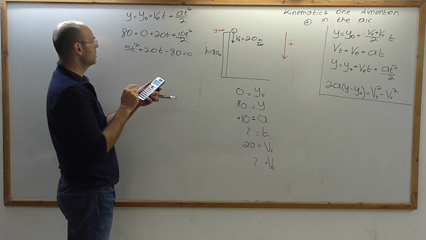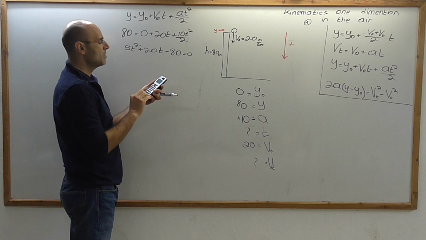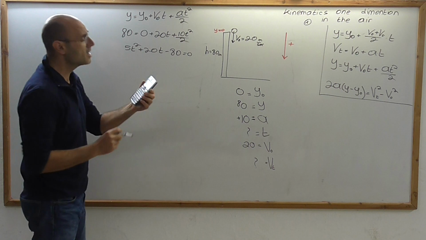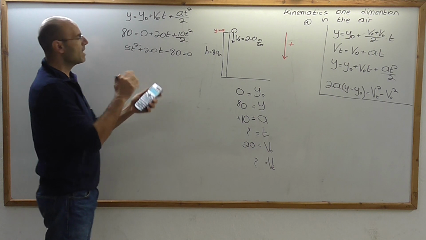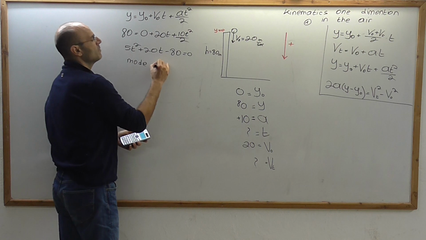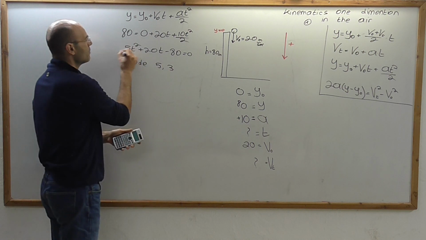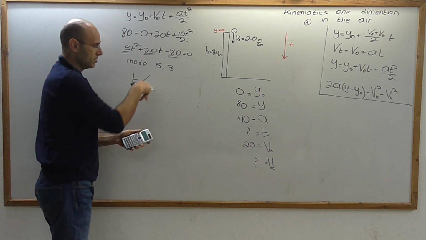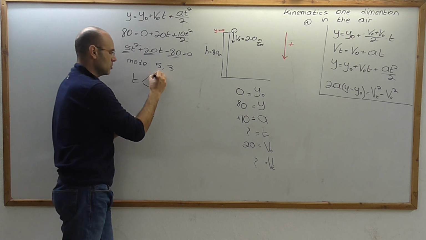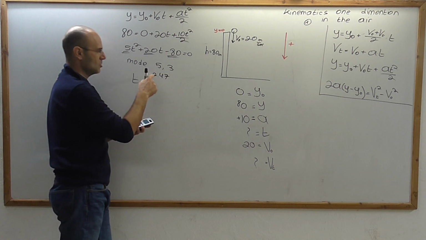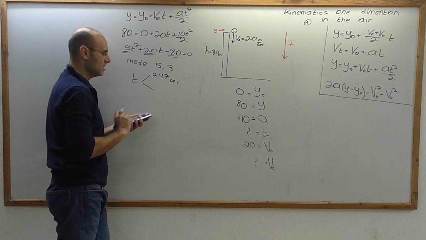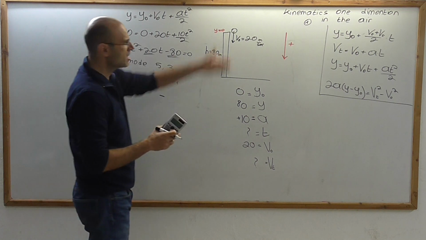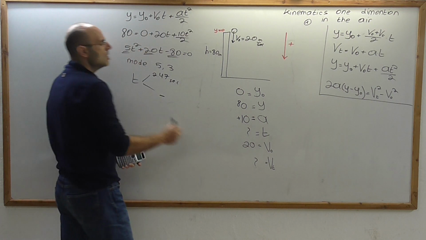I can solve it in my calculator very fast. And if you don't know how to do it, if you have these kinds of calculators, you have mode 5, 3, and you just have to put in the 5, the 20, and the minus 80. It will give you the two solutions to this problem. One solution is 2.47 seconds, and the other is negative. If it's negative, it doesn't mean anything for us because time is always positive for us.